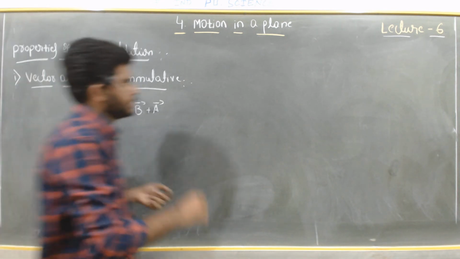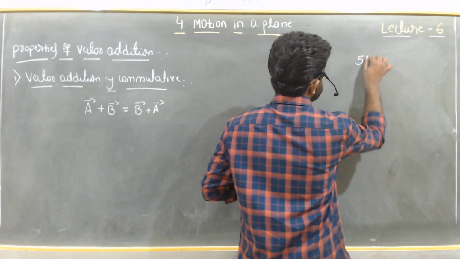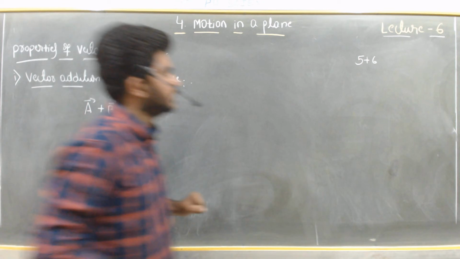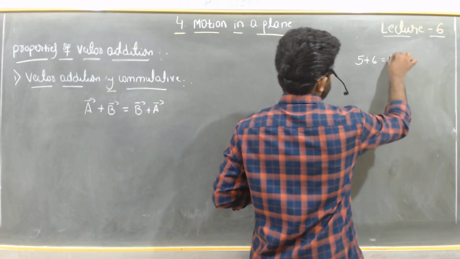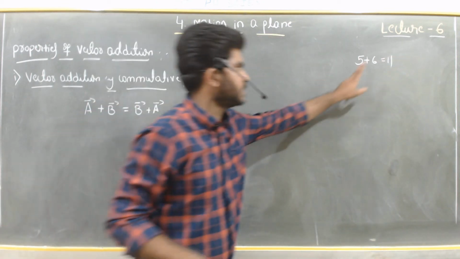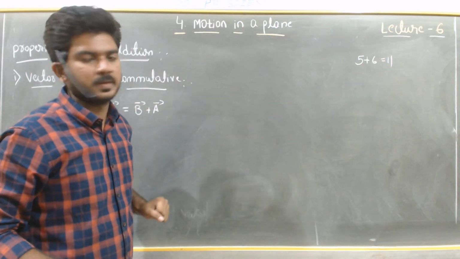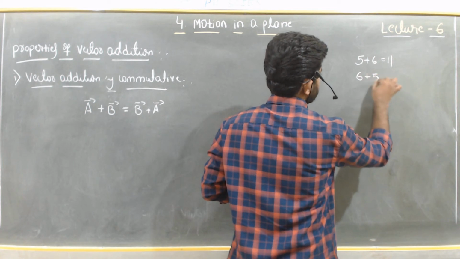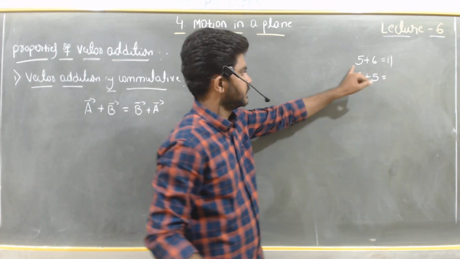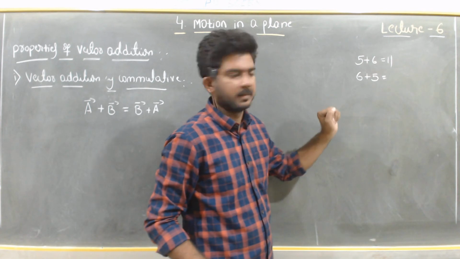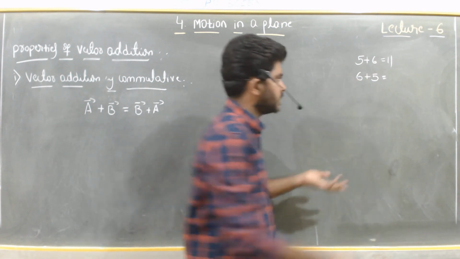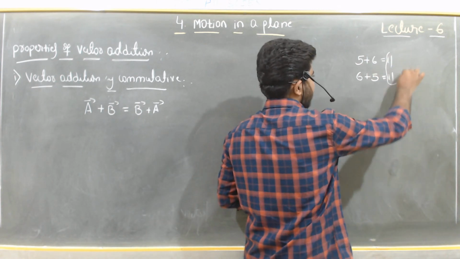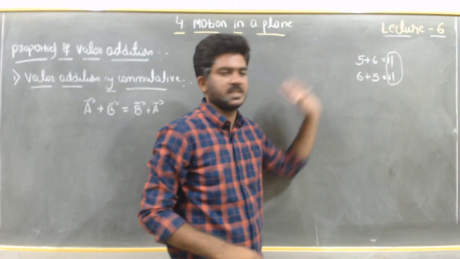See, this is how: 5 plus 6 is equal to 11, correct? 5 plus 6 equals of course 11. This 11 can also be written as 6 plus 5. And 6 plus 5 is what? It is also 11. It means whatever result we are getting, that is the same, but the order is changed.